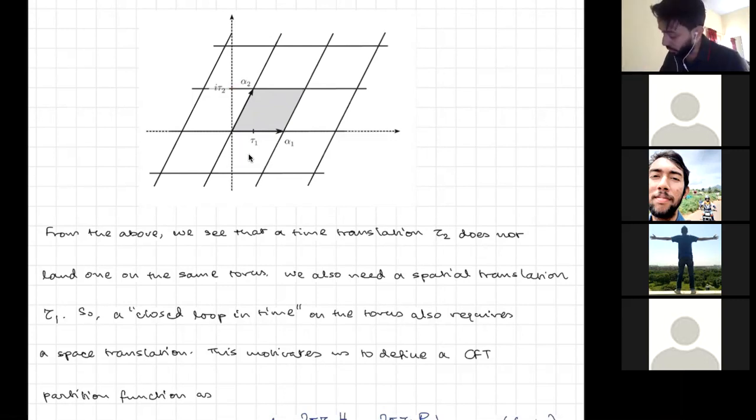You also need to have a spatial translation, and hence a closed loop in time is going to be something which does this and this to you. This motivates how you can write down a partition function.